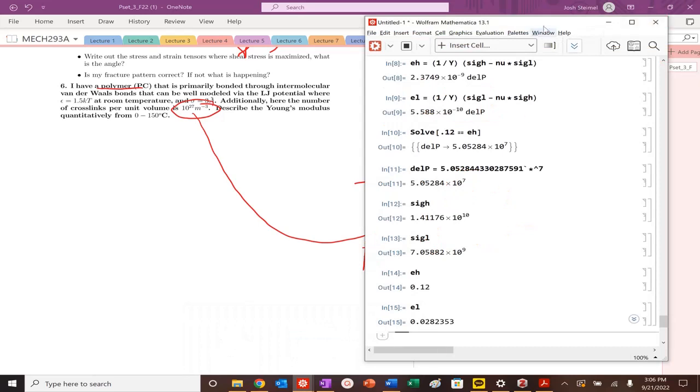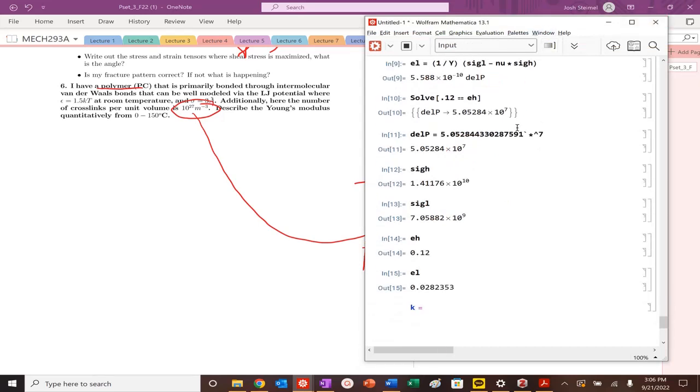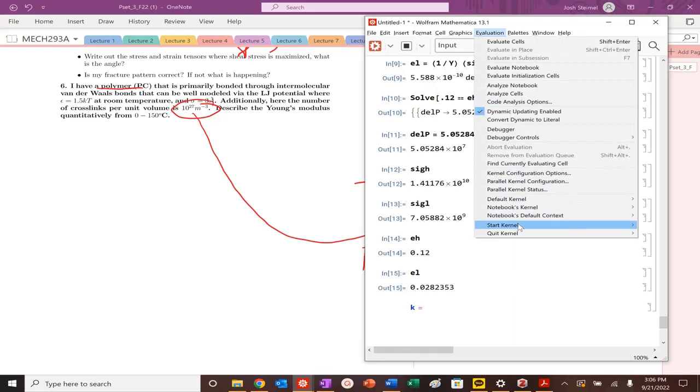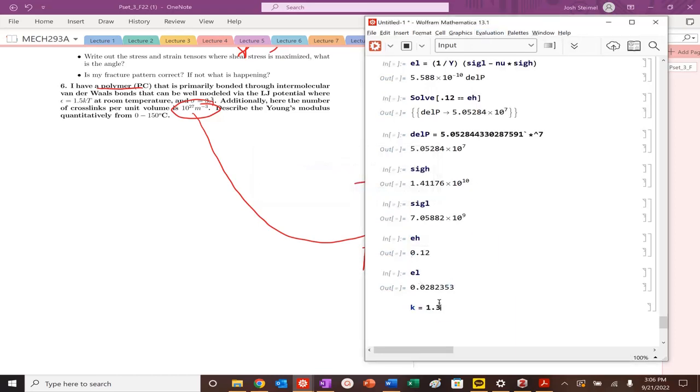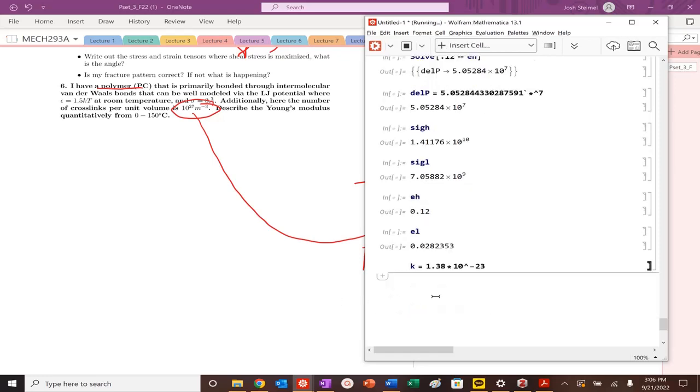So let's clear everything here. Let's define our Boltzmann's constant times 10 to the minus 23. Our n sub x is 10 to the 27. Then we can plot and see how it looks.